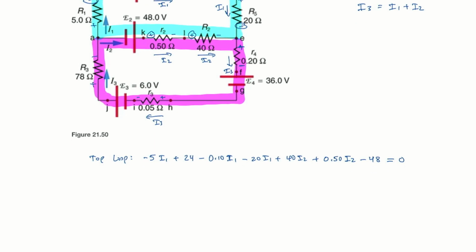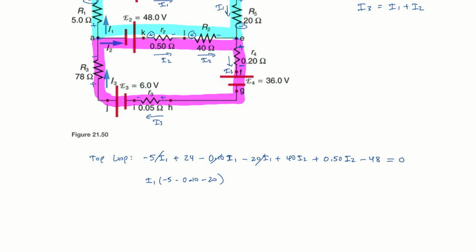Now we can combine the I1 terms, and we can combine the I2 terms, and we can combine the two voltages. So let's factor out an I1. Then we've got minus 5, minus 0.10, and minus 20.